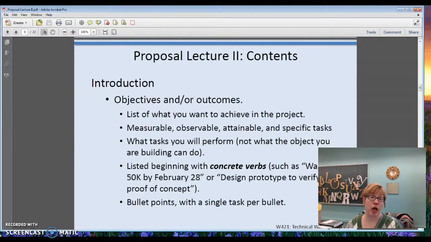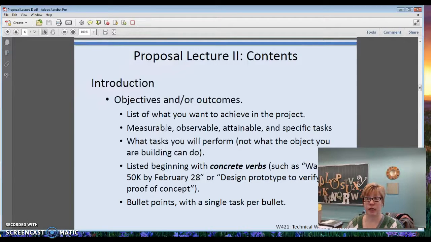Okay, objectives or outcomes is a section that all of you need to have. The thing to keep in mind, though, is that these objectives and outcomes are different than specifications. We'll talk about specifications when we get to project plan. Outcomes or objectives are what you have for the project overall. They need to be concrete verbs, so walk, design, build, research, you get the idea, okay? They need to be measurable, observable, attainable, and specific.